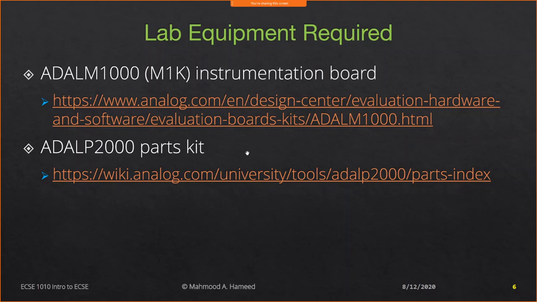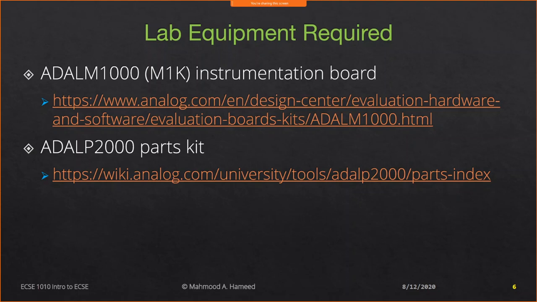Now, apart from this instrumentation board, you need the parts kit. The parts kit is ADALP 2000. That's the part kit that we are going to need. Now, what is there in that parts kit? There are a lot of electric circuit components: resistors, capacitors, potentiometers, a screwdriver, a proto board or a breadboard, wires.